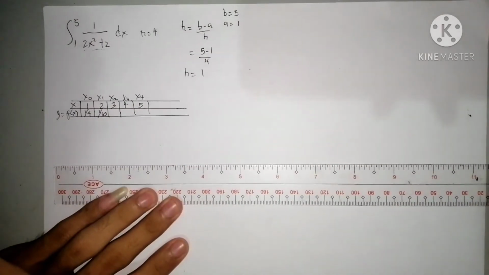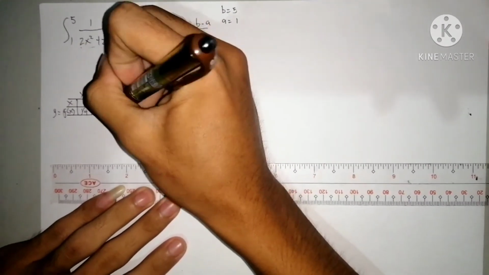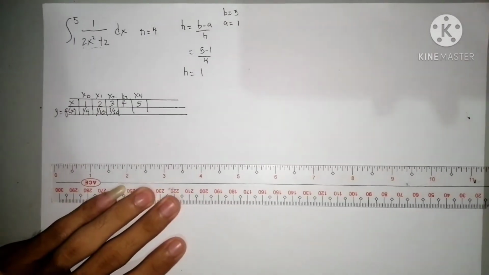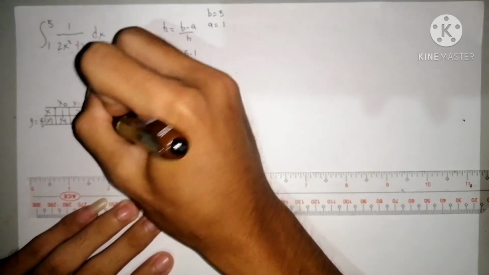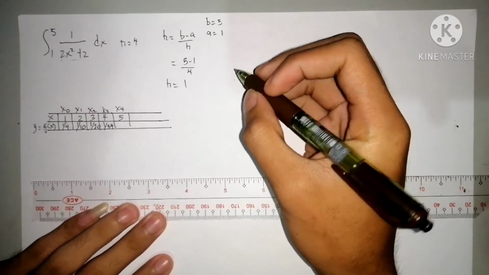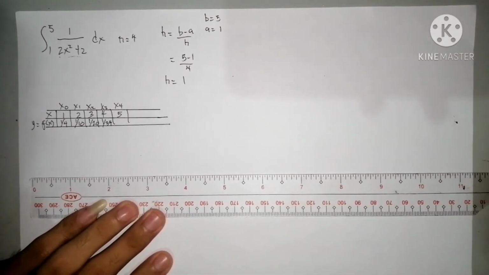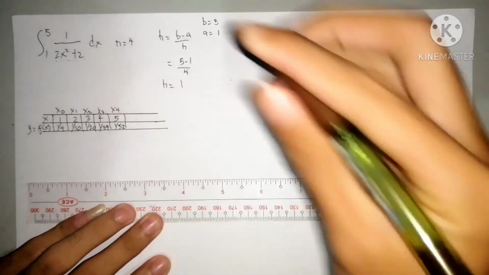Then 3 substituted to x, we have 1 over 20. Then 4, we have 1 over 34. Then the last one is 5, we have 1 over 52.